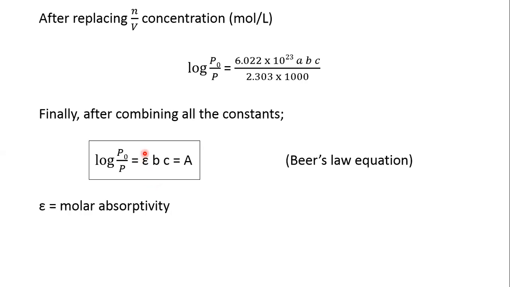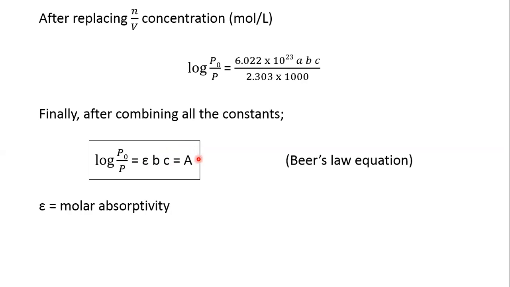Molar absorptivity is a property of the substance under investigation, and its value depends on the material being examined. b is the path length, which is constant, and c is a variable, the concentration.